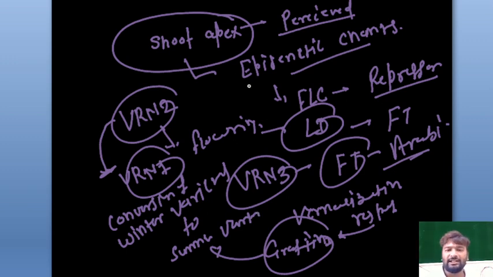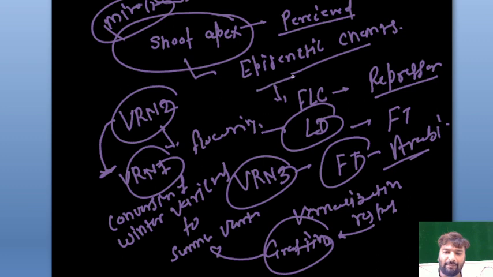So this is the signaling mechanism: the shoot apex receives the vernalization signals, and there will be mitosis and meiosis. And there will be epigenetic changes in the genes that repress the FLC gene, and this is about the signaling process. So this is about the vernalization process.